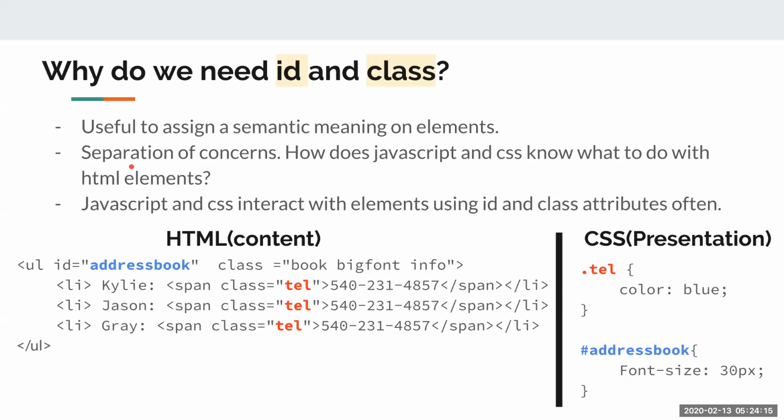Sometimes JavaScript needs to add some interactive behavior to HTML elements, and sometimes CSS needs to add certain styles to particular elements, and then you have to select certain elements. One way to select elements is to use either ID or class. We're going to go into that today.